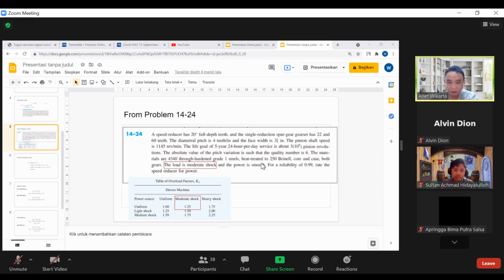When your power is less than 5 horsepower and the rotation is maybe only 1000 rpm, it will be okay if you use a uniform load, only 1.0. But if you want to deliver more than 10 horsepower, 20 horsepower, with rotation speed higher than a thousand rpm, then I think it will be safe for us if we assume that the load condition is moderate.